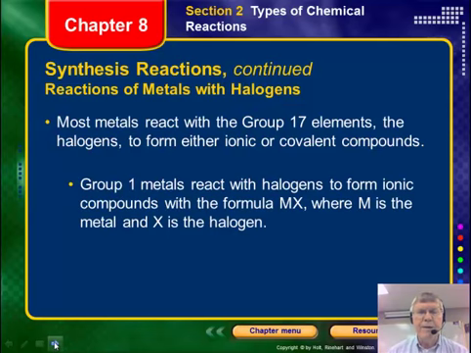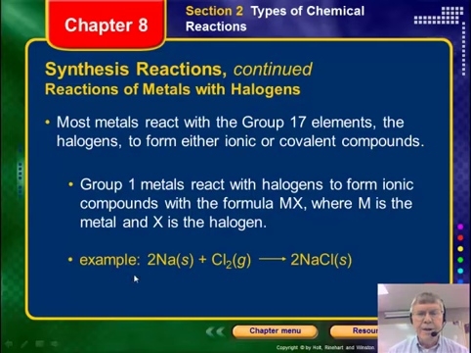Group 1 metals react to form compounds with the form MX, the group 1 metal and one of the halogens. And you see, again, a common example. Sodium plus chlorine yields sodium chloride. And again, that is balanced. Chlorine is one of your diatomic molecules, as are all the other halogens.